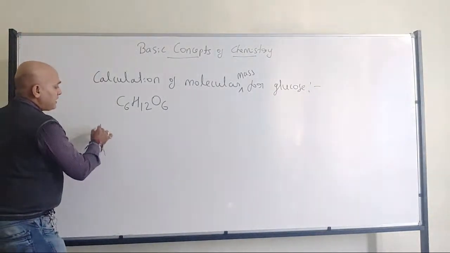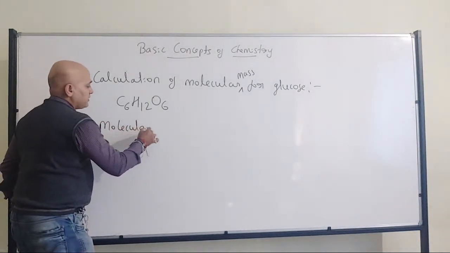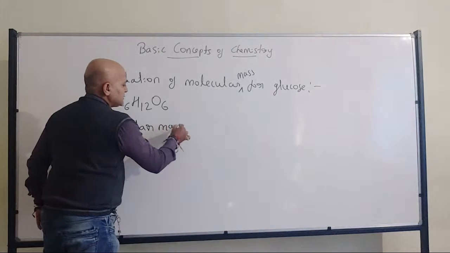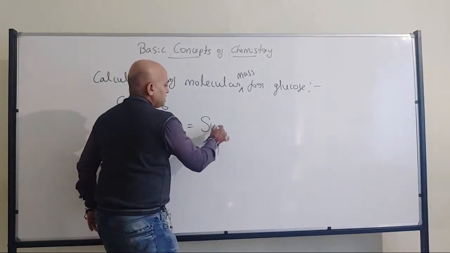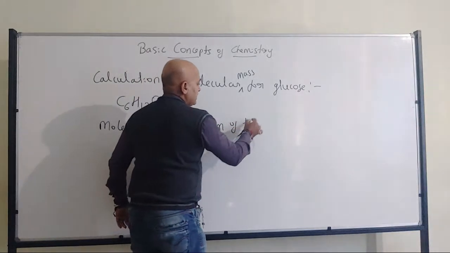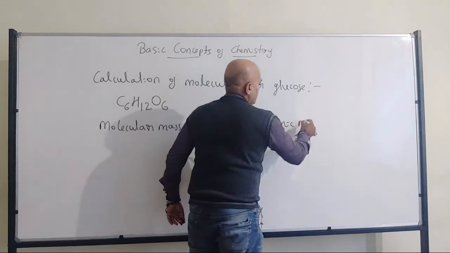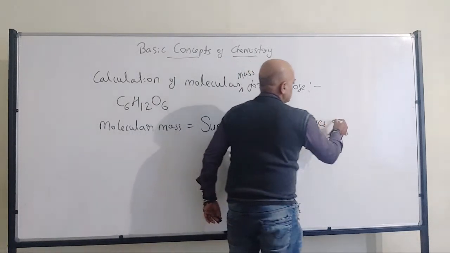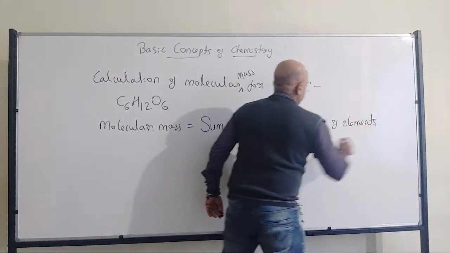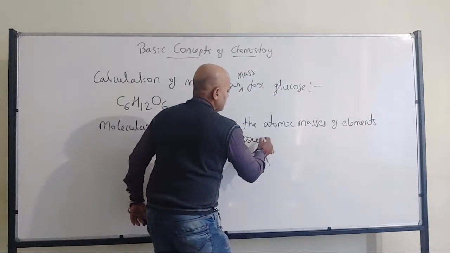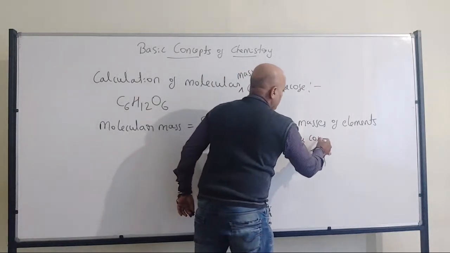Fine. Now in that case, how to find molecular mass of glucose? So molecular mass of glucose, or any compound, is equal to the sum of the atomic masses of elements present in the compound or molecule.